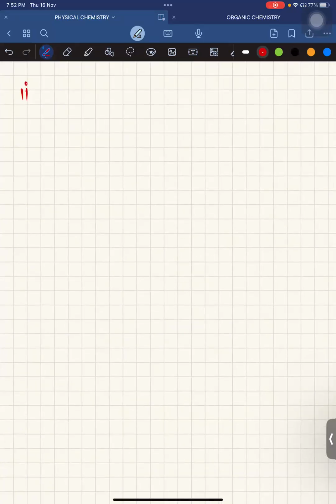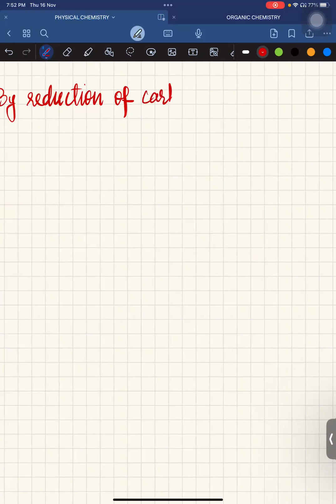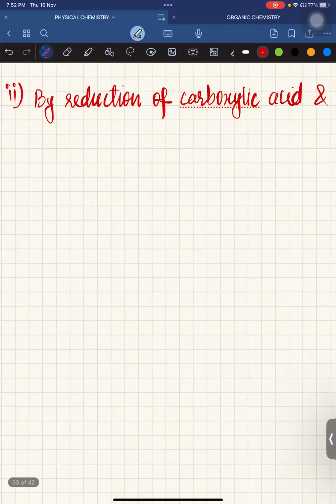The next topic is reduction of the carbonyl group in carboxylic acids and esters. How are you going to reduce carboxylic acid and ester to alcohols?